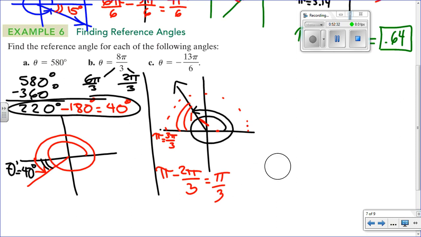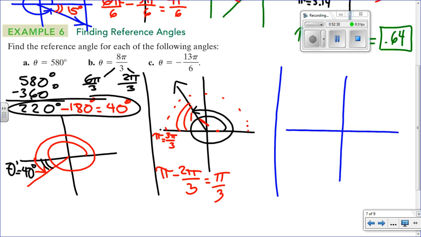Okay, and then the third one here. We have a negative angle at 13 pi over 6. So is it past a full turn? Yes, absolutely. In the negative direction, by the way. And then you do one more turn, because negative 12 pi over 6 is negative 2 pi. And then we do how much more, Andrew? Like a little tiny bit more.